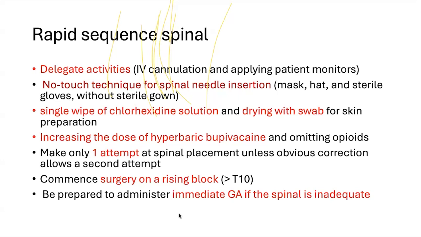They say that the spinal anesthetic should take only 5 minutes, and by 7 minutes, the skin incision should go in. So that is a rapid sequence spinal, which we can do in extreme conditions where a general anesthetic may not be feasible.